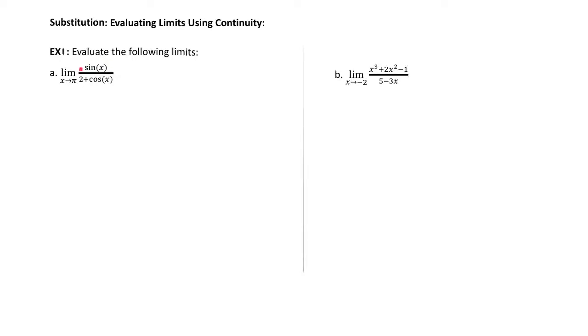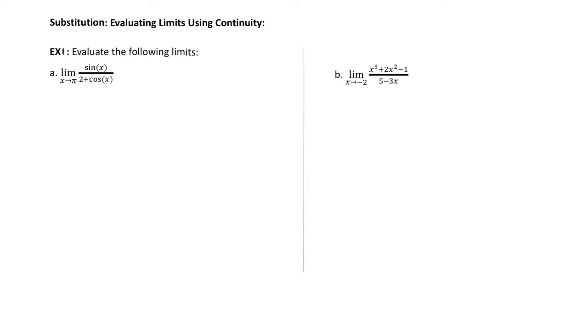So this is a fraction. I have a numerator and a denominator. And I want to make sure that the numerator is continuous at pi and that the denominator is also continuous at pi, but not equal to 0 at pi. So sine x, sine is a beautiful sinusoid, is continuous everywhere.